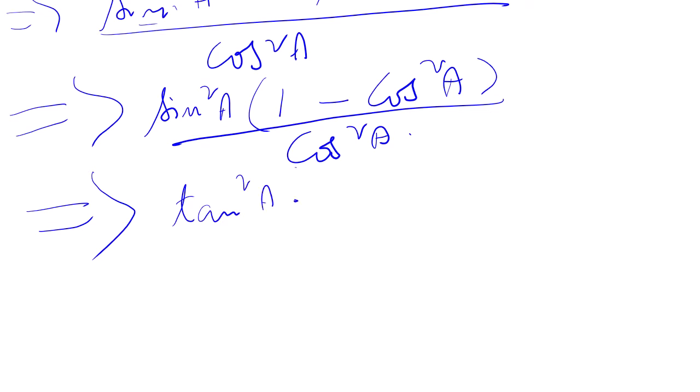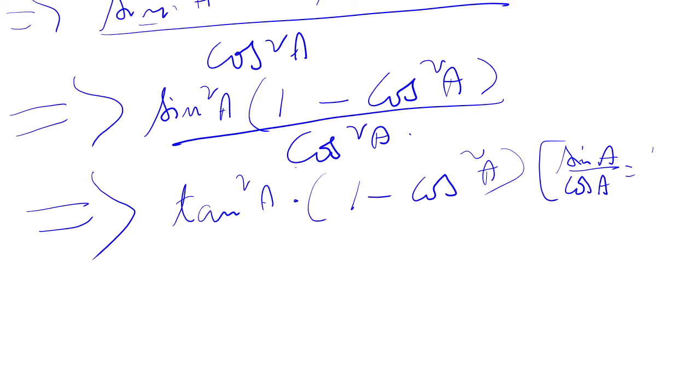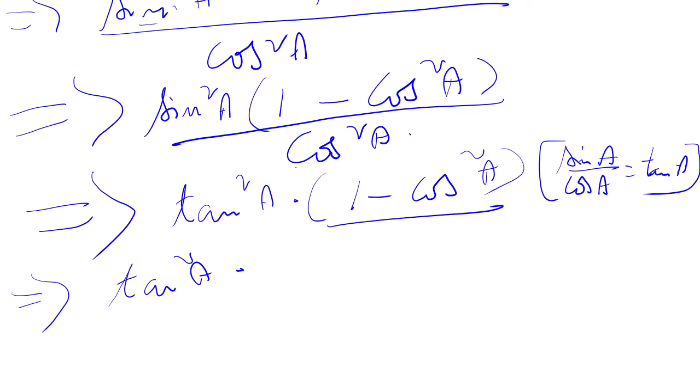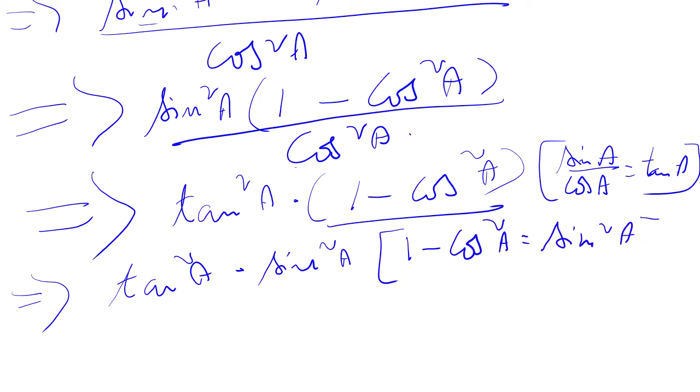and this can be written as tan square A into 1 minus cos square A. So again we have used sin A upon cos A is equal to tan A. Now this implies tan square A, 1 minus cos square A is sin square A. So we are using 1 minus cos square A is equal to sin square A. That is nothing but RHS.